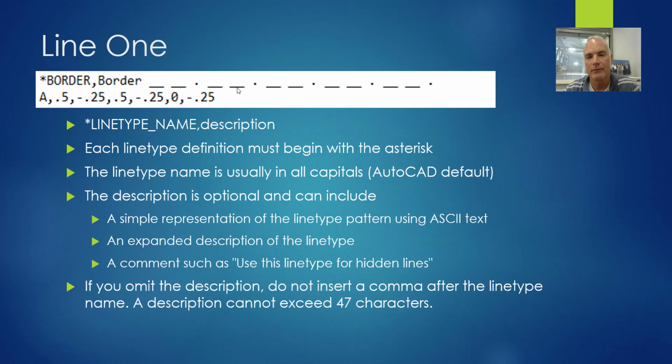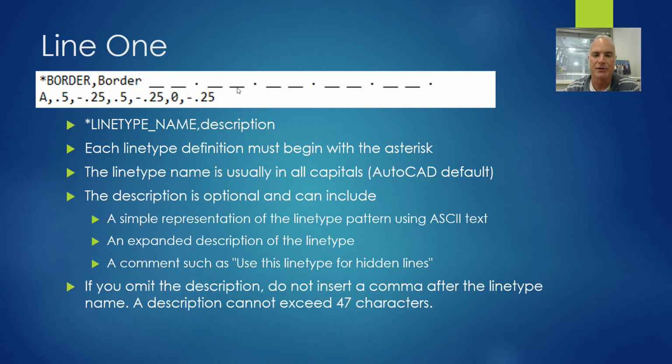So if we look at a simple one, for example, the border one, line 1 is the title, and it gives me the title and the description. So your format is the asterisk, the line type name, and then the description. As far as the line type name goes, I recommend that you always give that first line type name in all capital letters, just so that you match what AutoCAD does with theirs.